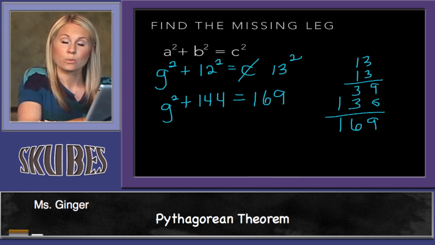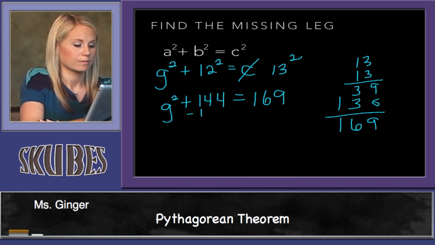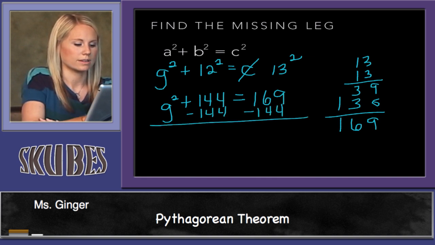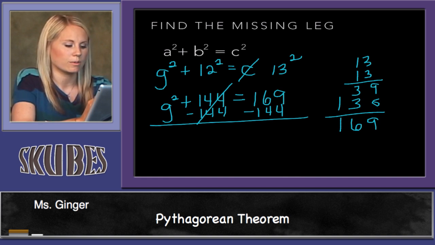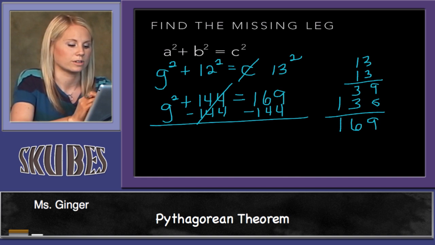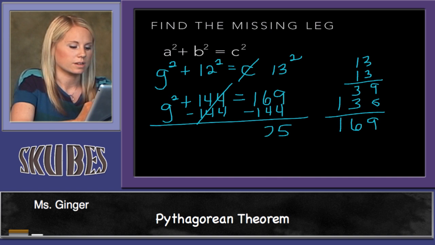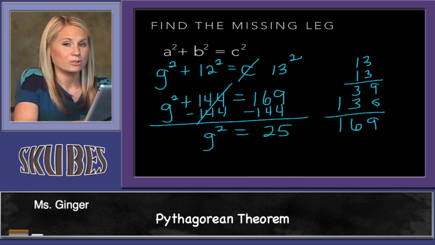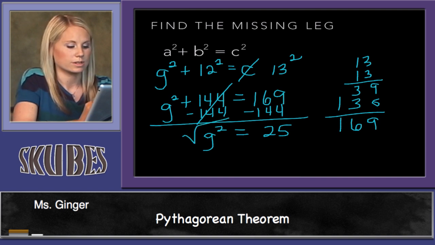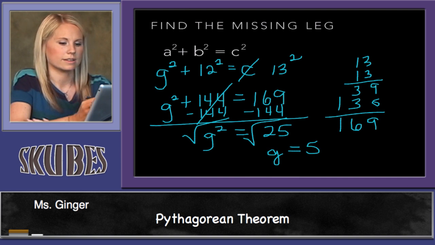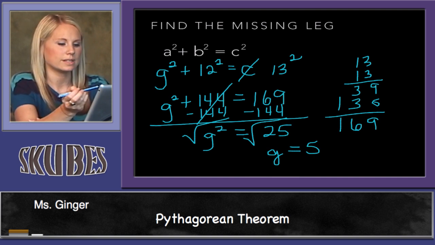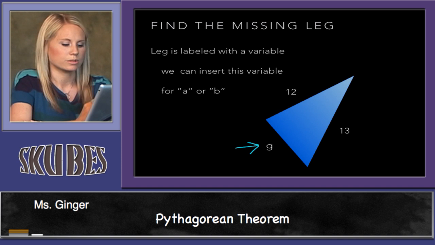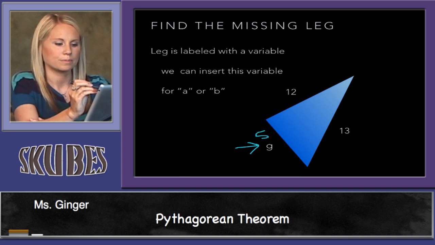And we need to subtract our 144 over. So we can do that over here on the right-hand side. Both sides, we need to do everything we decide to do to both sides of our equation every time we're solving. So this gives us 25. And we don't want to know G squared, we want to know G. So we're going to take the square root and find that G is 5 because that is the square root of 25. So our missing side length was 5. We can go fill that in if we need to.